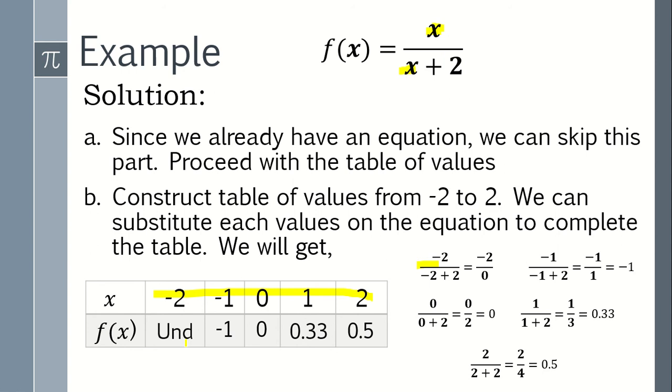So, tandaan natin tong mga values dito sa table na to. Kasi ito yung gagamitin natin para sa ating paggawa ng graph. Para malaman natin kung ang points ba na meron tayo ay smooth curve or straight line.